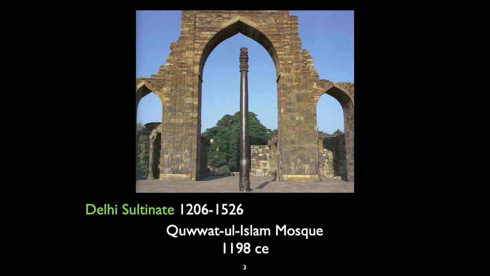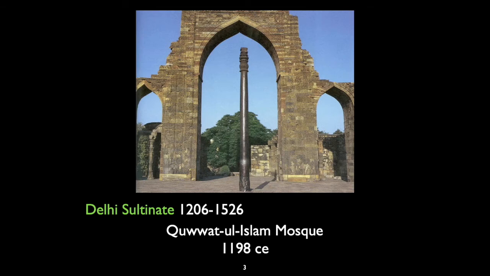The Delhi Sultanate built its first mosque, the Quwat al-Islam Mosque, which translates in Arabic, the might of Islam, by destroying some 27 Hindu and Buddhist temples and stupas and using those materials to build their mosque. You could argue it was expedient rather than building it out of raw materials, which would have taken time. But the underlying message of this mosque was to impose itself upon the population.